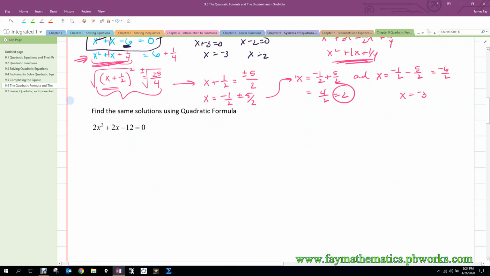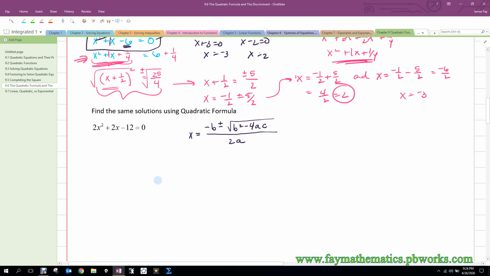So let's just go through it. I'm going to write down what the quadratic formula looks like. It's x equals the opposite of b, plus or minus the square root of b squared minus 4 times a times c, all over 2a.